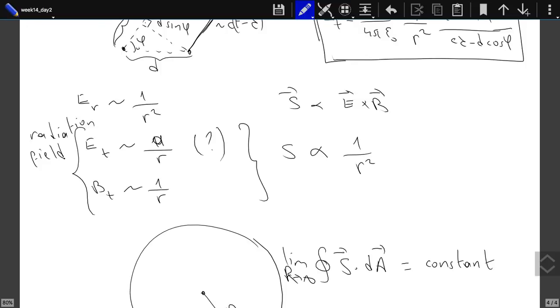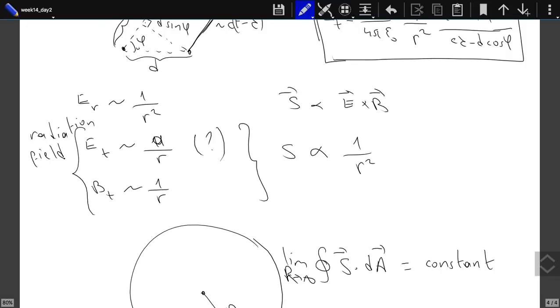if there is a corresponding magnetic field, since it's moving, the magnetic field will also be 1 over r squared. So the Poynting vector for this radial part will be 1 over r to the fourth power of the distance. And if you put that over here, it just goes to 0. So it's just telling me that I have this charge. If it is moving with some velocity, around this charge there is some energy stored.